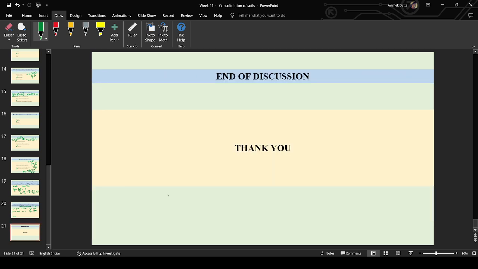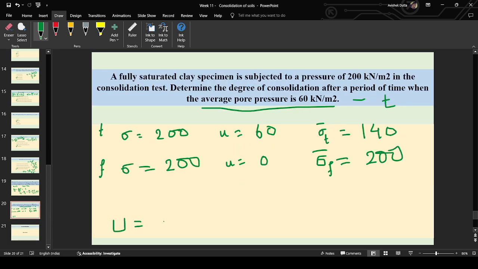Now to find the degree of consolidation at this stage, you divide the effective pressure at t by the effective pressure at final, and then multiply by 100. Same thing I told you, sir. Yes, same thing you told me, but at one particular stage, if we divide, we cannot get the degree of consolidation.